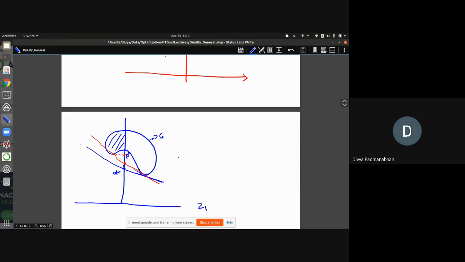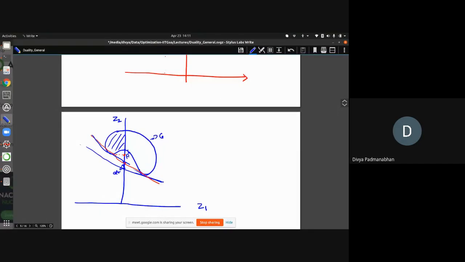So this is Z1 and this is Z2. Okay, and in terms of the dual, the best dual value, maybe it was something like this. One of these could be the dual because it has to support the set, and so this has to go below. Okay, so this would be the distance. So here there's a gap between the primal and dual.